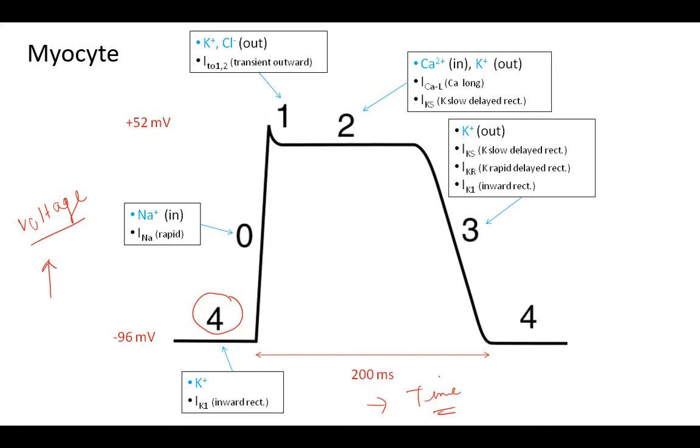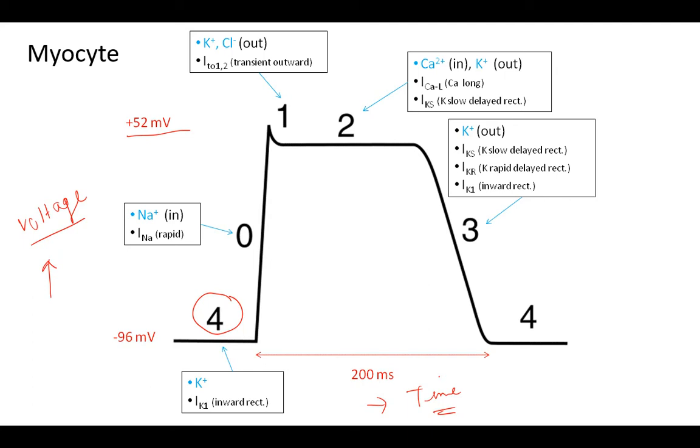In phase 0, there is opening of voltage gated sodium channels and rapid entry of sodium inside the cell, so the cell is depolarized and reaches up to plus 52 millivolt. In phase 1, due to opening of the transient outward potassium channel, the voltage comes down. In phase 2, 2 channels act simultaneously: one is the L-type calcium channel and the other is the delayed rectifier potassium channel.